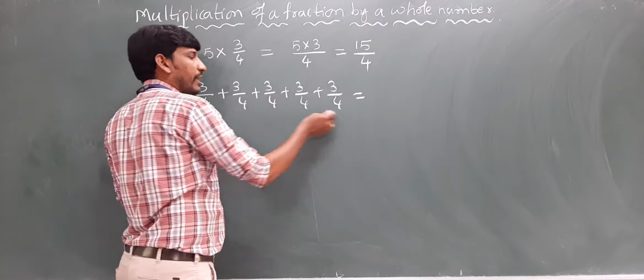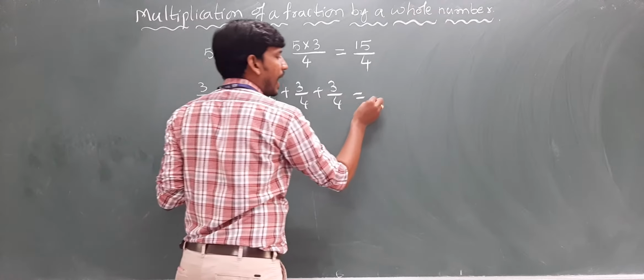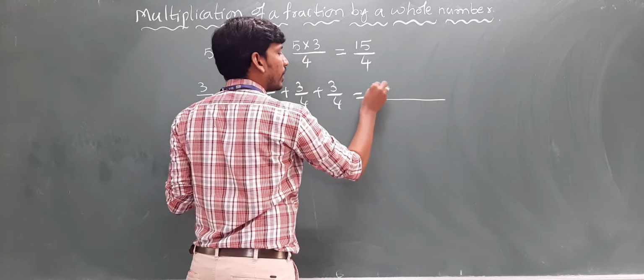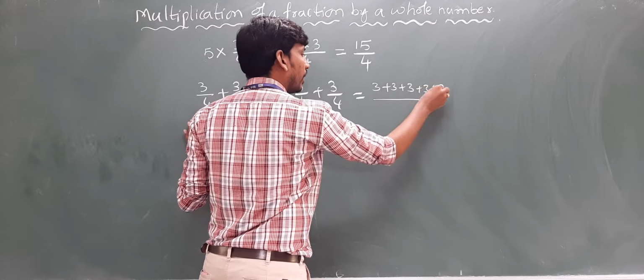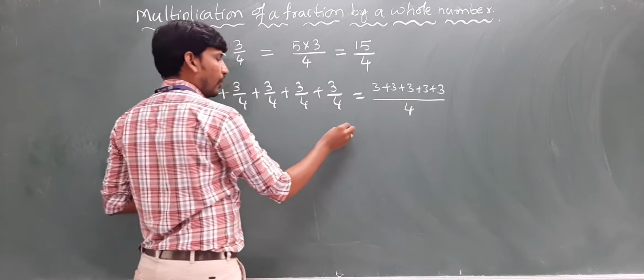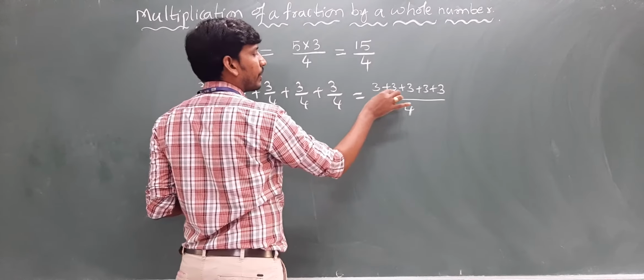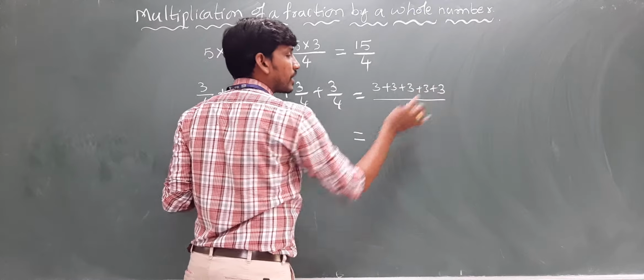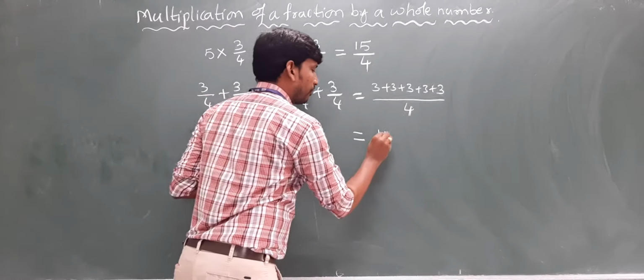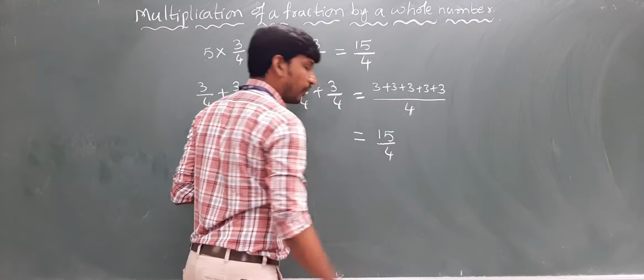All are same fractions. So if you just add numerators only, 3 plus 3 plus 3 plus 3 plus 3 divided by 4, which is equal to 3 plus 3 is 6, 6 plus 3 is 9, 9 plus 3 is 12, 12 plus 3 is equal to 15, 15 divided by 4.